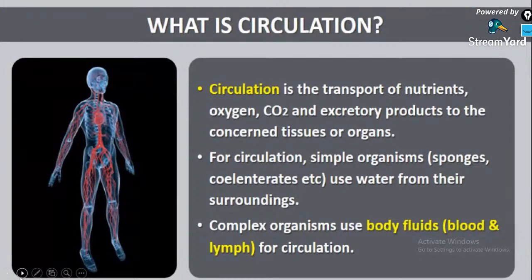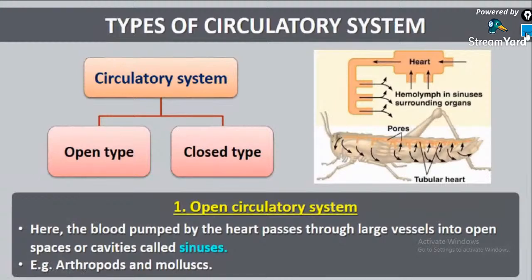Simple organisms such as sponges and coelenterates use the water in their surroundings, while complex organisms use blood or lymph for circulation.